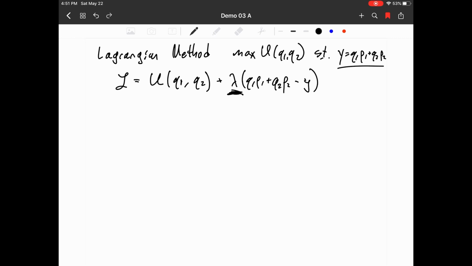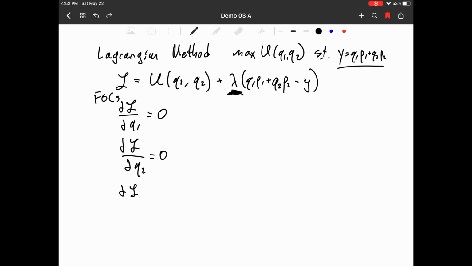So our first order conditions are three. Let me write this out, first order conditions. The derivative of this function with respect to Q1, we're going to set that equal to 0. The derivative of the function with respect to Q2, set that equal to 0.